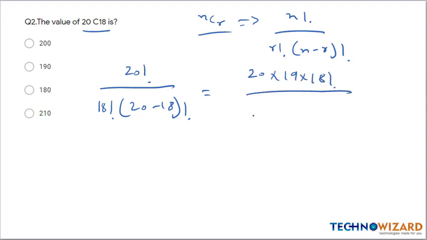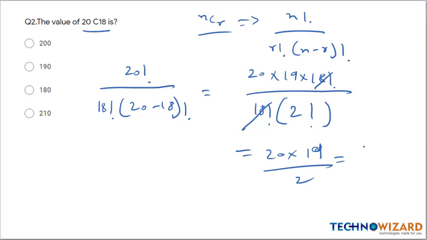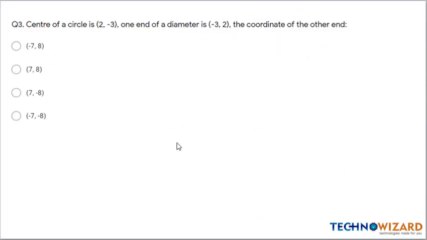Why have I written it till 18 factorial? Because 18 factorial and 18 factorial will get cancelled. 20 minus 18 factorial will be 2 factorial, which is 2 only. So 20 into 19 is 380 upon 2, that is 190, which will be the correct answer. Therefore, option B.